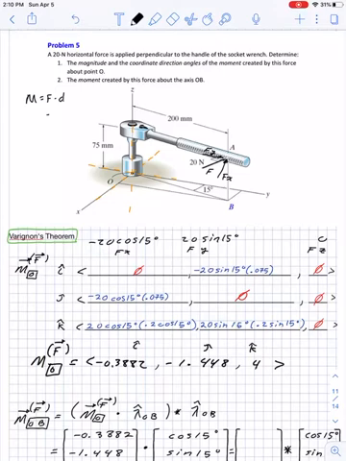But Varignon's theorem says that if we break up this f into its f of x component and its f of y component, and we take the sum of those with the d with respect to x-axis and d with respect to y, and so on and so forth, and we sum those up, this would be the same as doing the cross product.